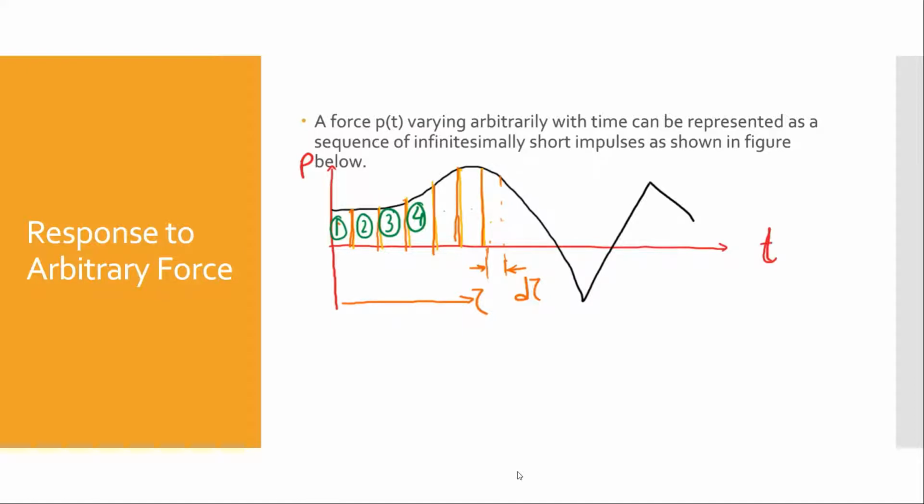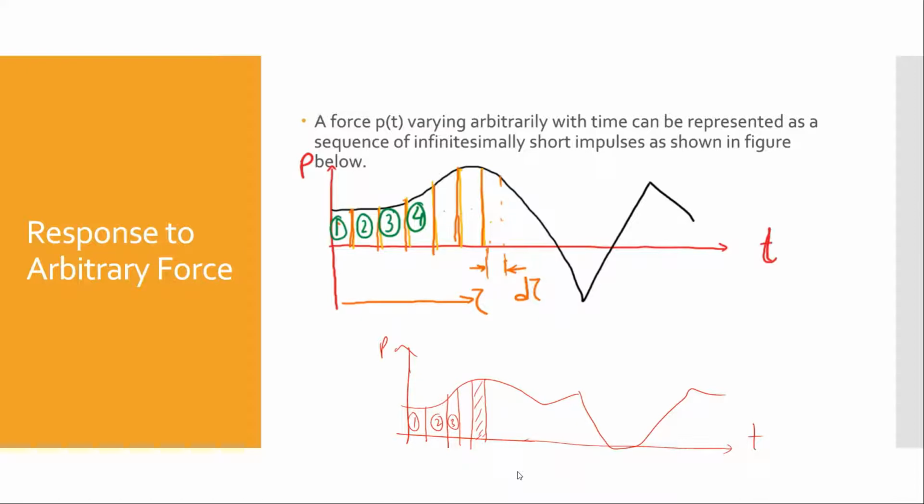So any arbitrary force, maybe we can see here that it's made like this. It is a force F(t) acting. What we can do is take a lot of impulses, segregating all the impulses: it may be impulse 1, impulse 2, impulse 3.